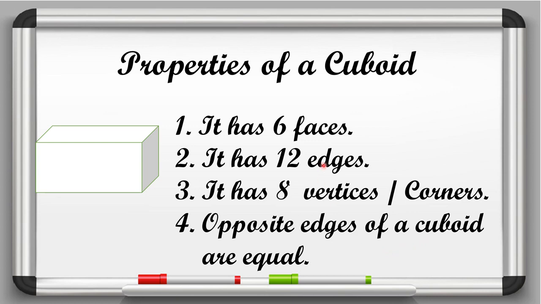So again I am telling you, how many faces? 6 faces, 12 edges, 8 vertices, and opposite edges: this edge is equal to this edge, and this edge is equal to this edge. This edge is equal to this edge. Understood? So opposite edges of a cuboid are equal.